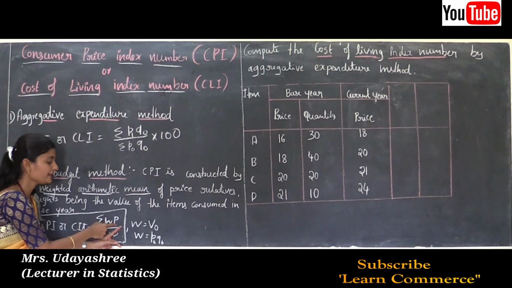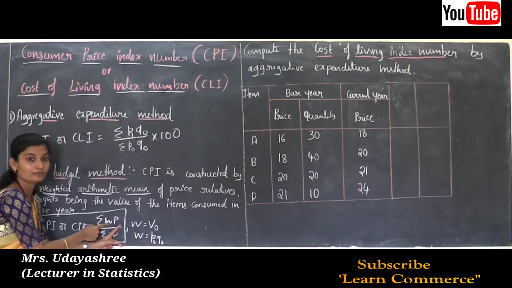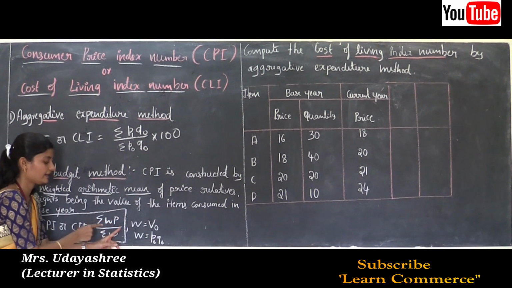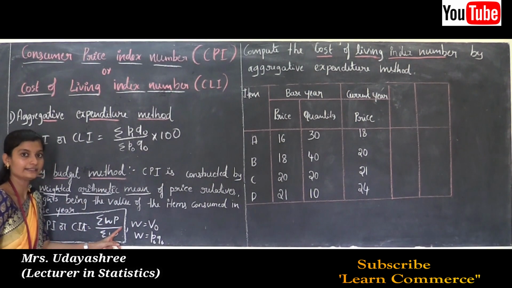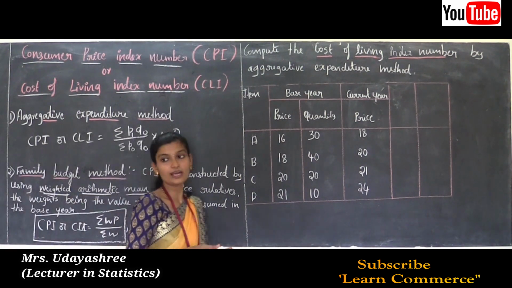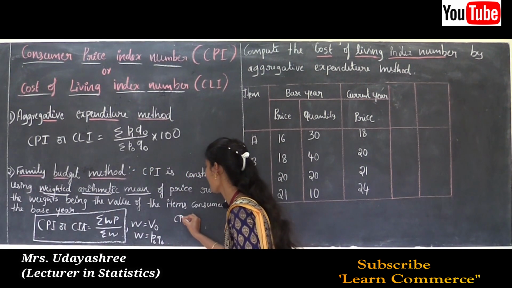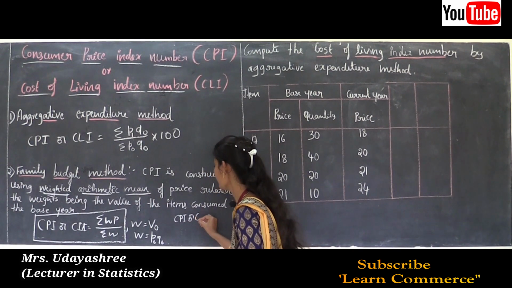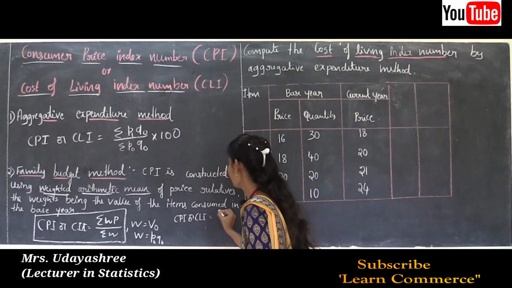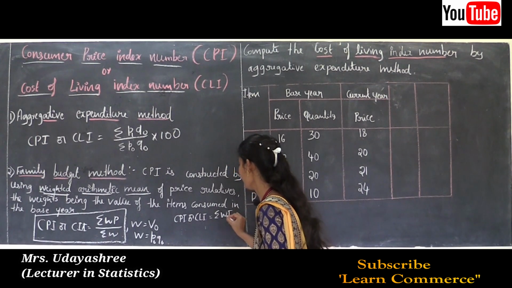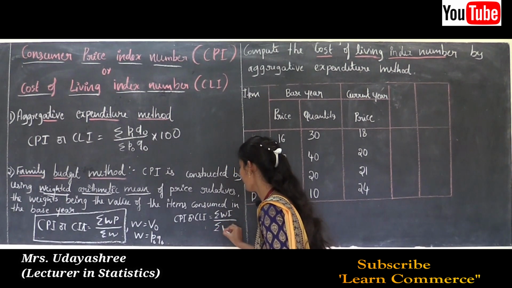Sometimes group index numbers are given along with weight. In that case, instead of P, write I. So the formula is CPI or CLI is equal to sum of WI divided by sum of W.